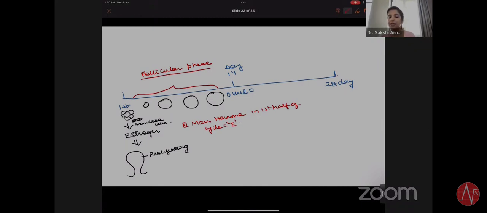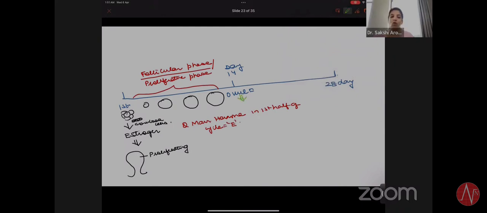And because in first half of the cycle, the main hormone is estrogen, and estrogen is causing proliferation of the endometrium, the first half is also called as proliferative phase.